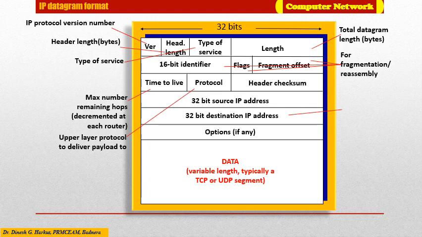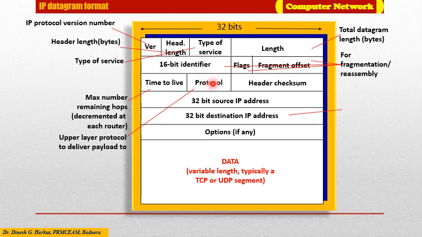The role of the protocol number in the IP datagram is analogous to the role of the port number field in the transport layer segment. I repeat, the role of the protocol number in the IP datagram is analogous to that of the port number field in the transport layer segment.